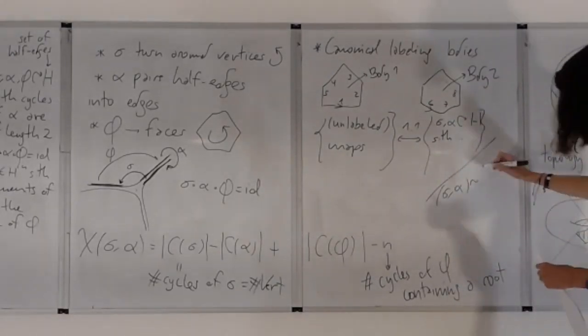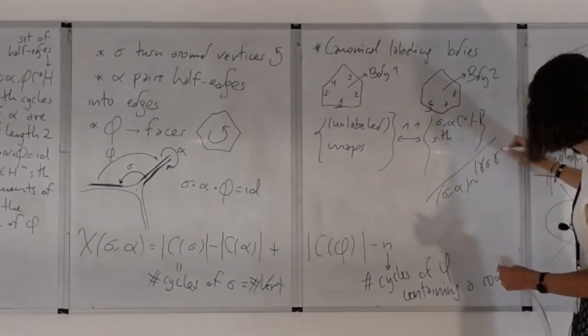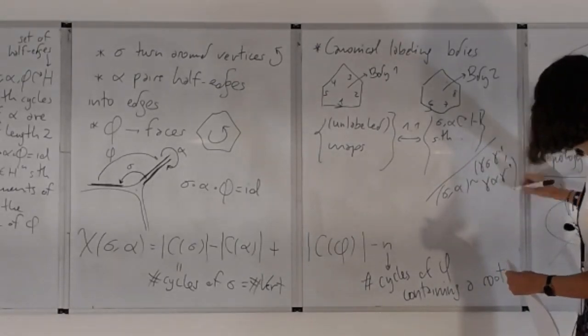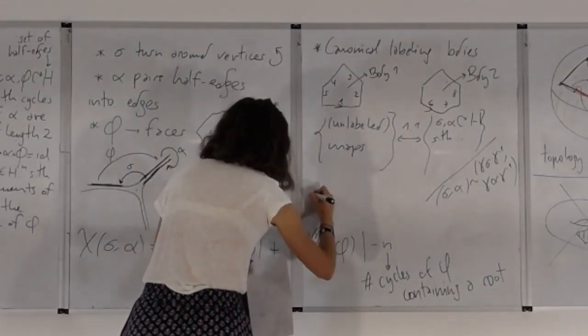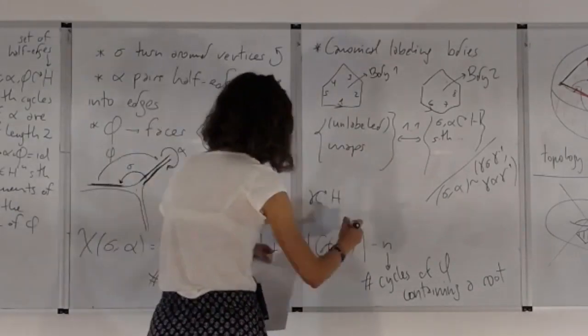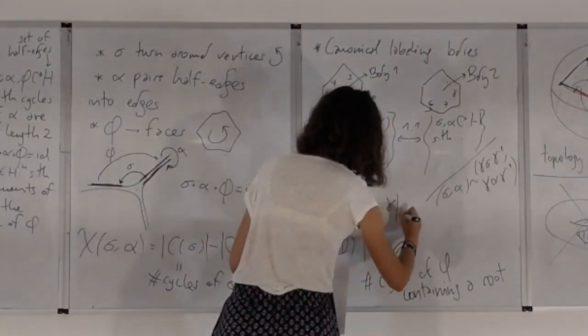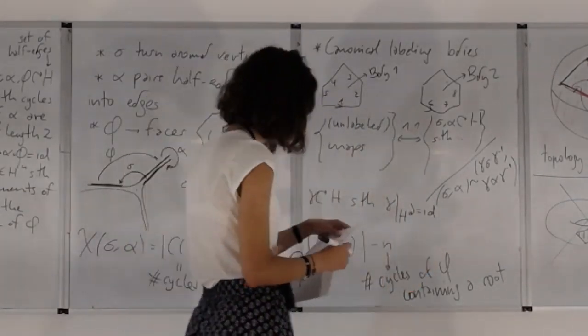Tell me if something is not readable. So what is this gamma? Gamma is just a permutation acting on the half edges in such a way that it fixes the boundary. It's the identity on the boundary.